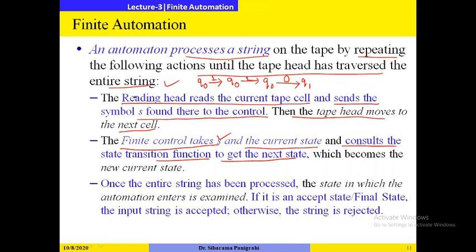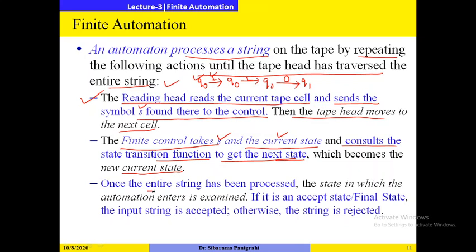So the reading head reads a symbol from the input tape and sends that symbol S to the finite control. The finite control checks the current state, then consults the state transition function to find, for the current state and current input, what the next state is. Now the next state becomes the current state.